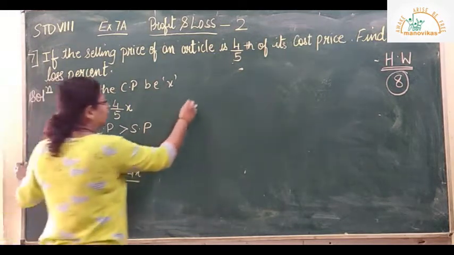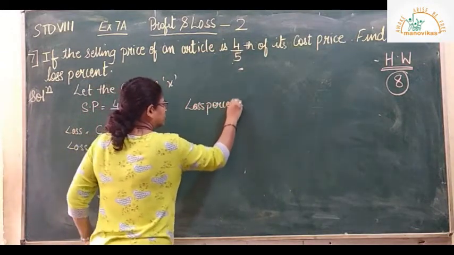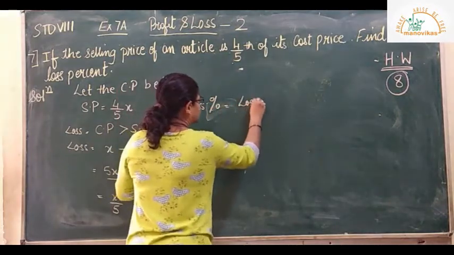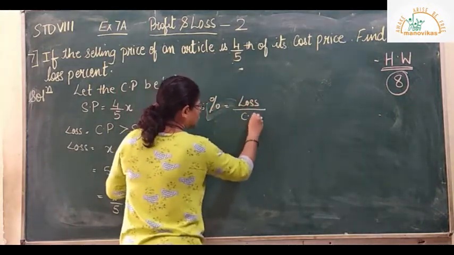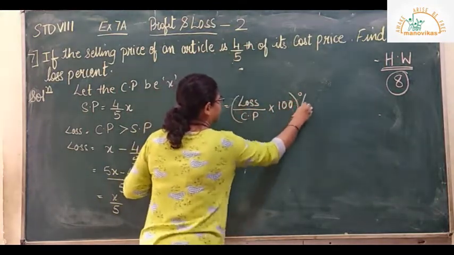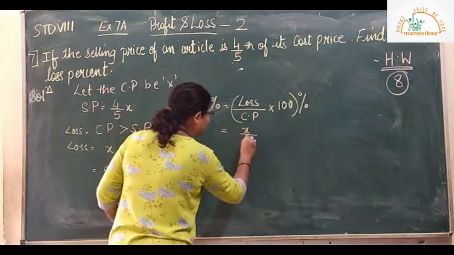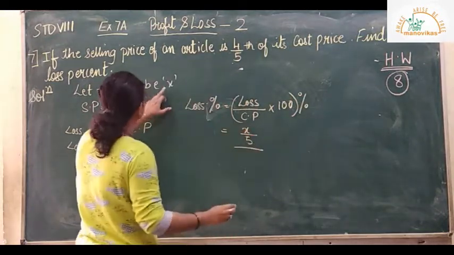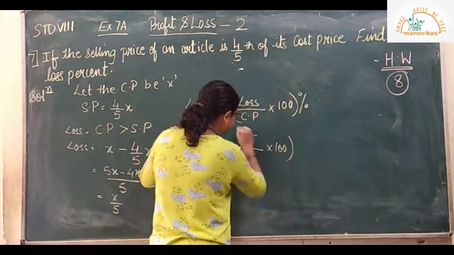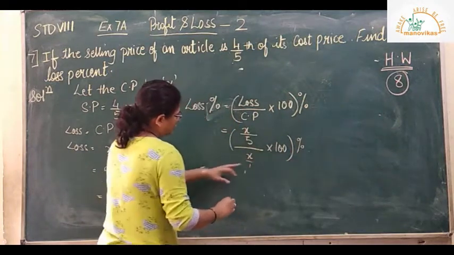Now I have got my loss as x/5. Now we find the loss percentage. So loss percent is equal to loss upon cost price into 100%. So loss we have got as x/5. Cost price is x into 100%. So x means it is x upon 1.